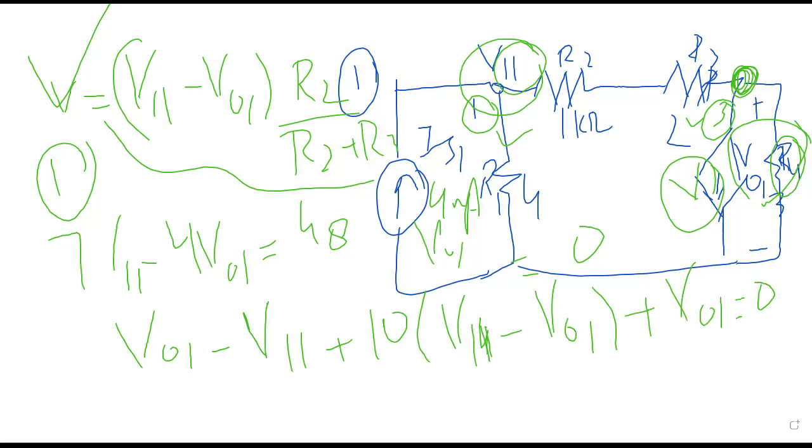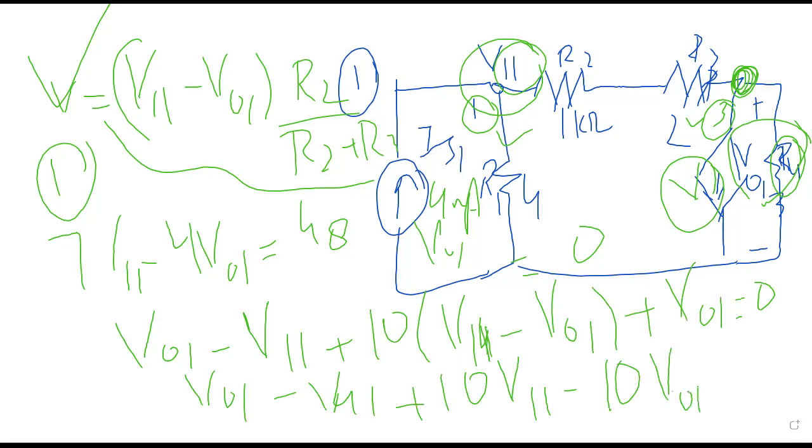So from this, here must be V01 minus V11 plus 10 V11 minus 10 V01 plus V01 equals 0.